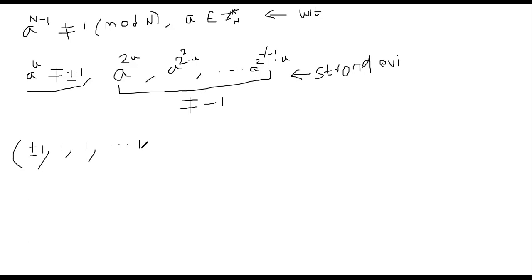Now I'm going to also include A^(2^r). Remember, after this term, what is the next term? The next term is A^(2^r u), right? So let's write the vector as follows.